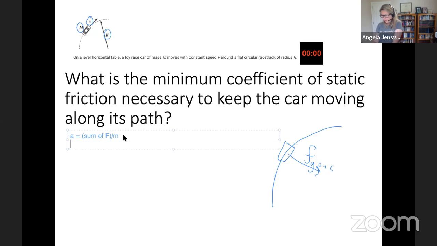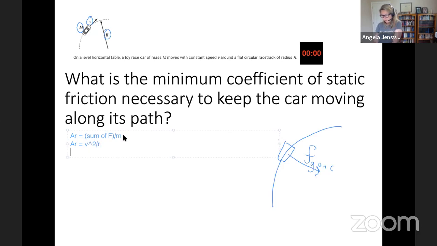Okay, so should we specify that that's radial? So we could do a capital A and an R, radial acceleration.